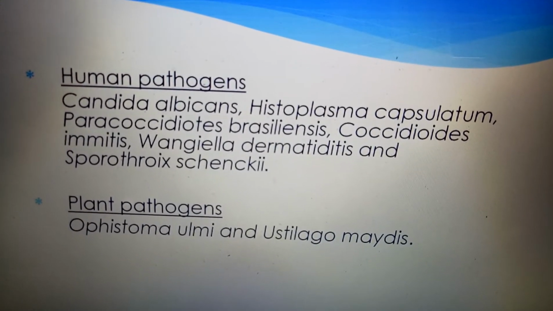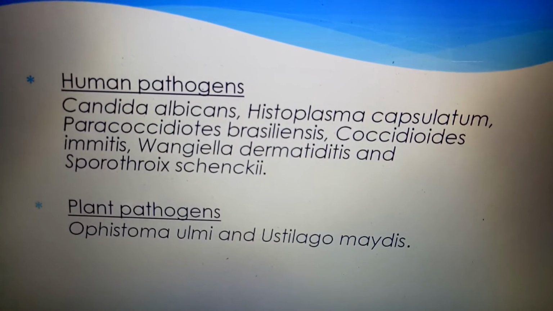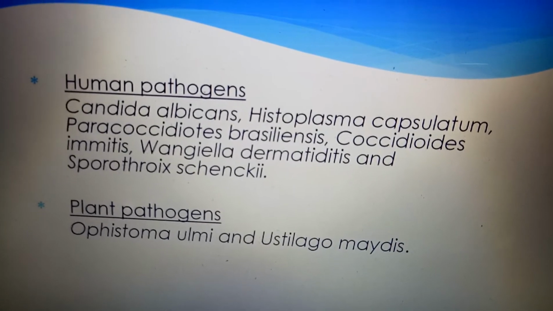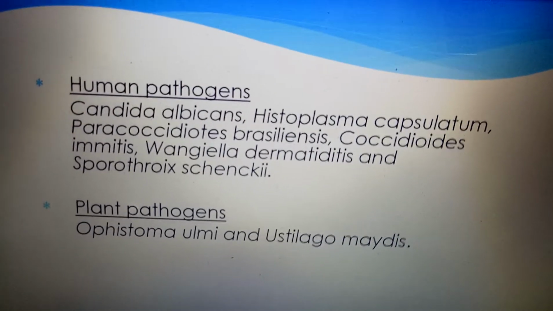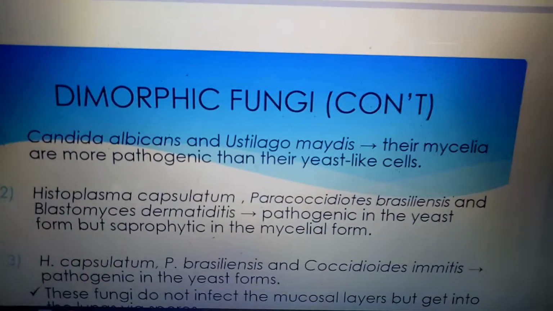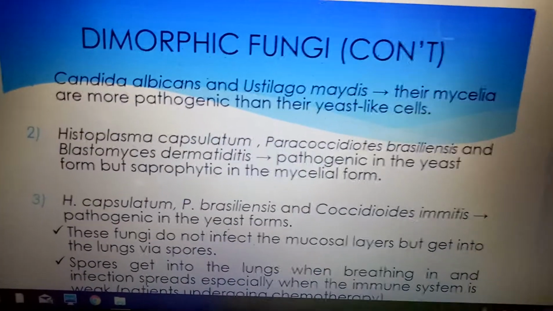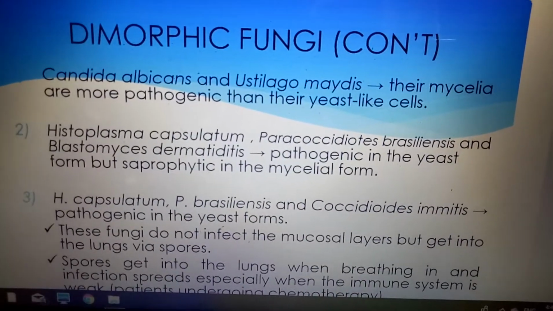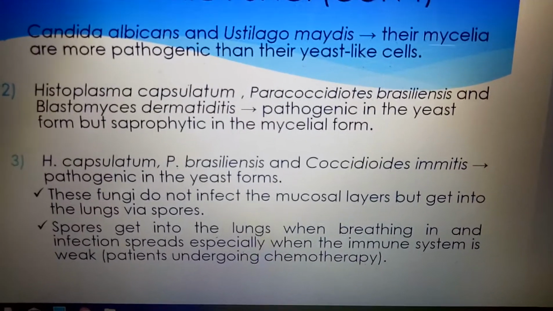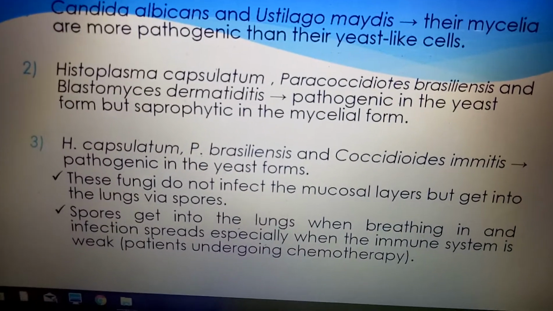For plant pathogens, for example Ophiostoma ulmi and Ustilago maydis. Candida albicans and Ustilago maydis, actually their mycelia are more pathogenic than their yeast-like cells.